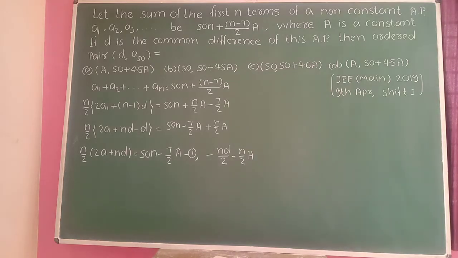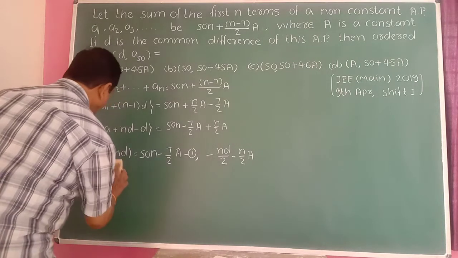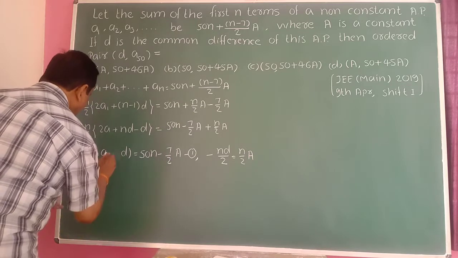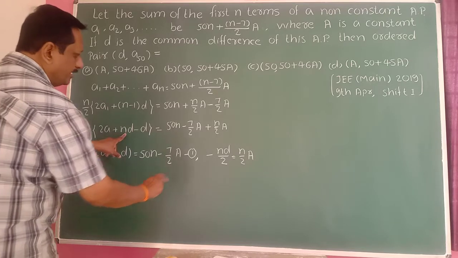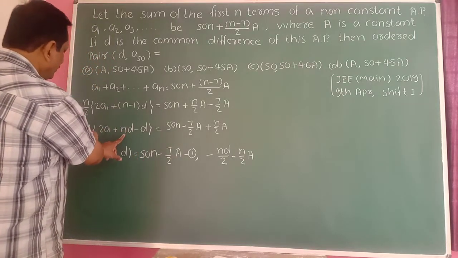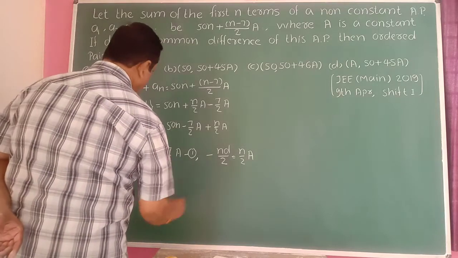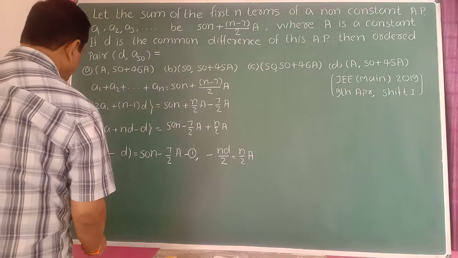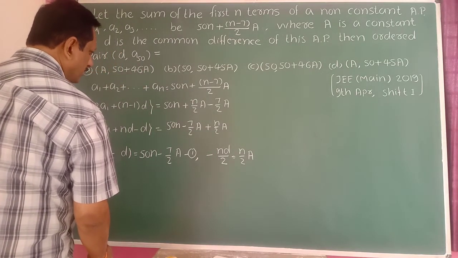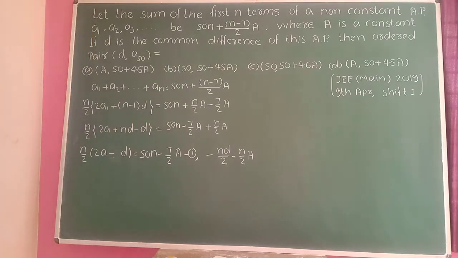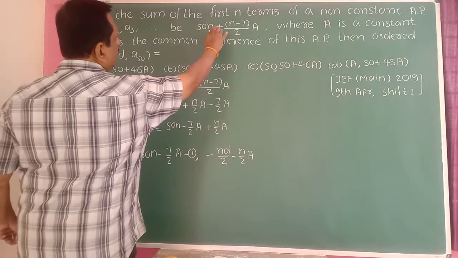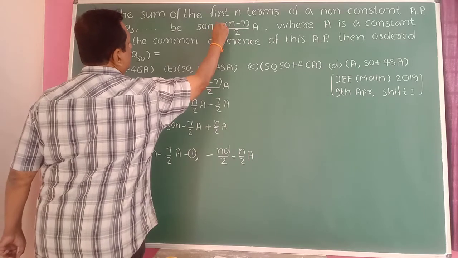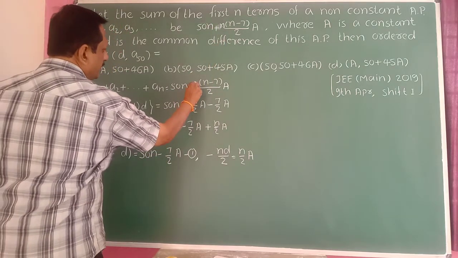So in this case, take 2a minus d in the bracket here, 2a minus d is equal to this one, and n into d here. Okay, so there is one more n here. Therefore write n here.